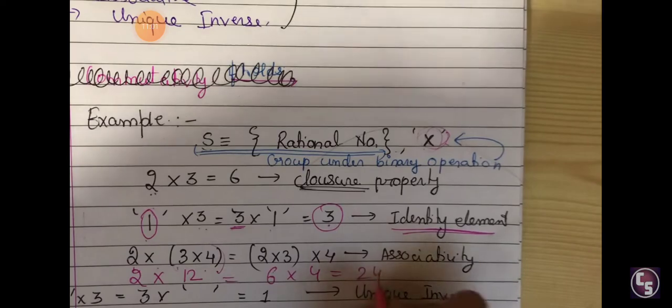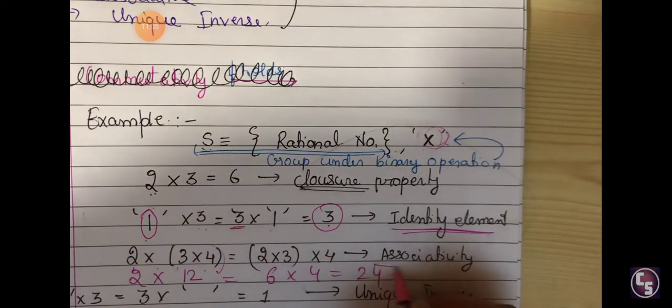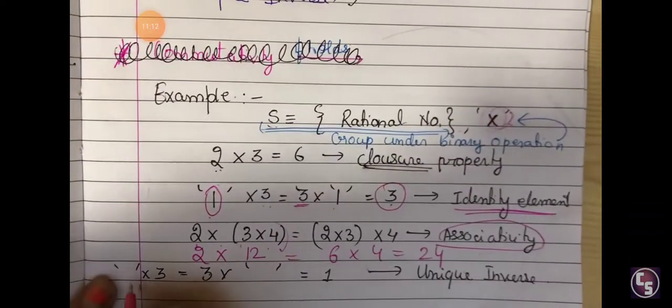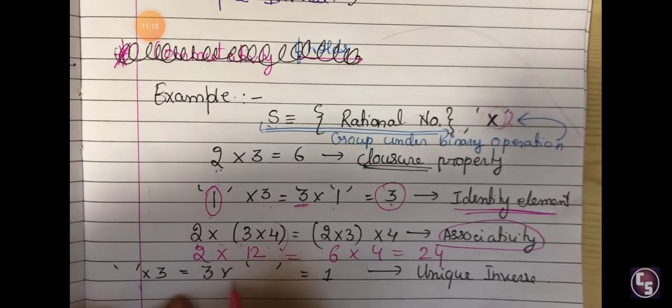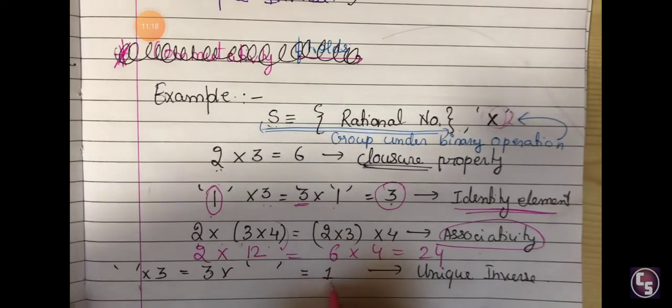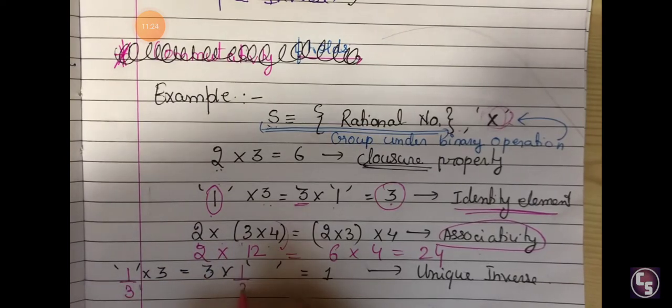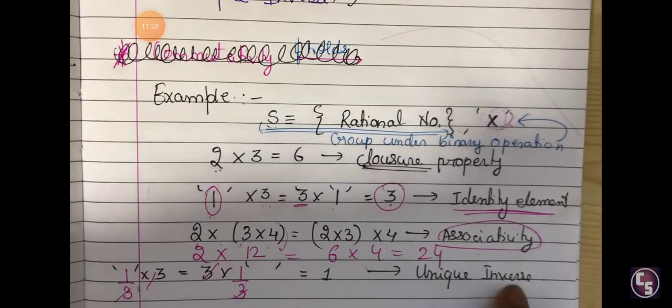So the answer would be 24. So this law is called associative. Now the fourth rule says that if I multiply some number with 3, and 3 with some number, I'll get 1. So it is obvious that if I multiply by its inverse, 1 by 3 into 3 and 3 into 1 by 3, I'll get unity, that is unique inverse.